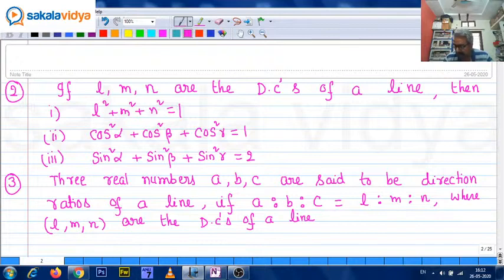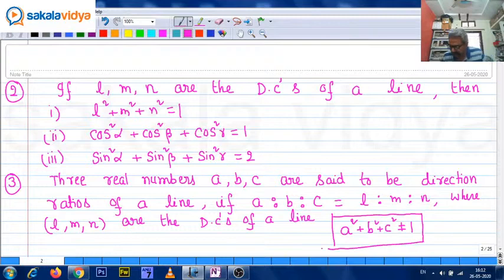So that's why one more thing here, A square plus B square plus C square does not equal 1. We need to remember that A square plus B square plus C square does not equal 1. This is a very important thing. Not equal to 0, and not equal to 1 also.